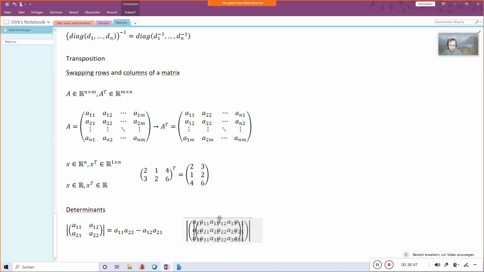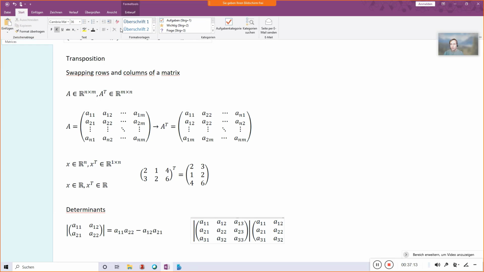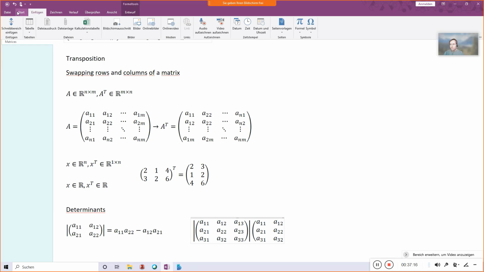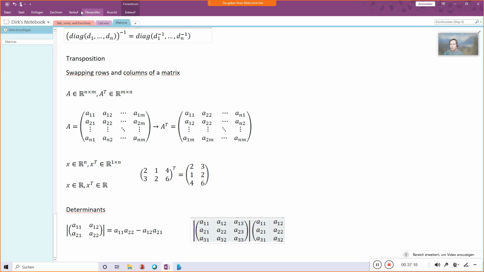So Sarrus' rule is a way to compute determinants of 3 by 3 matrices, and what you have to do for Sarrus' rule to work is that, in your head, you have to write the first 2 columns next to it. So you write something like this next to it, and then you compute products in both ways.